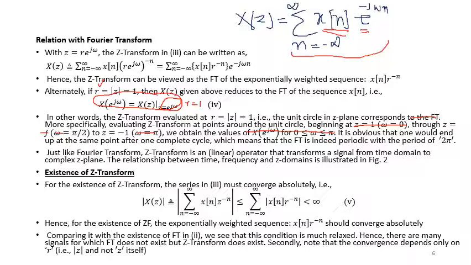It's obvious that one would end up at the same point after one complete cycle, because you start here on the unit circle.